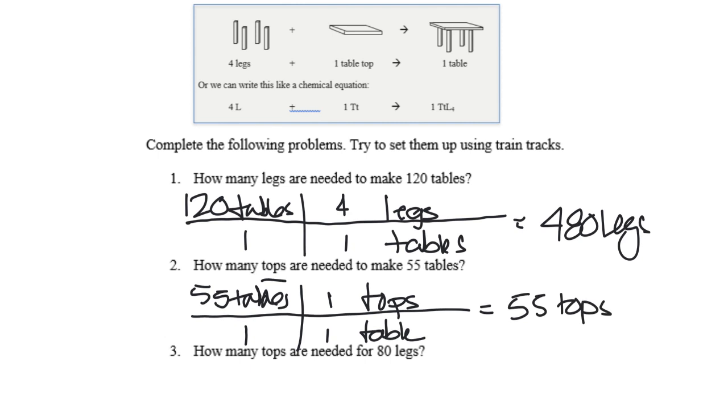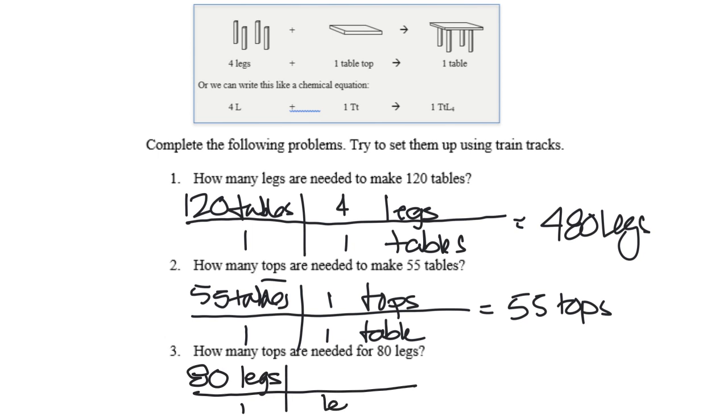Now, we don't have to just go from one side to the other side. We can go, well, if I have a certain number of legs, how many tops do I need, or vice versa? So here, this last question says, well, how many tops do we need for 80 legs? Again, I still start with number and unit. So 80 legs, put it over 1.